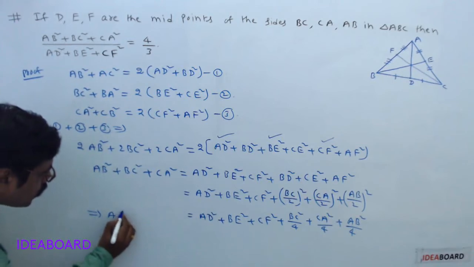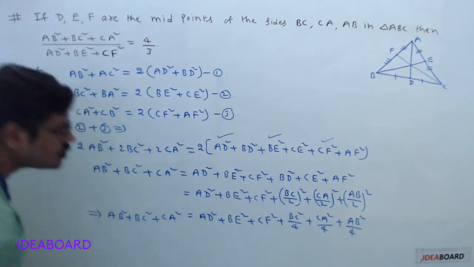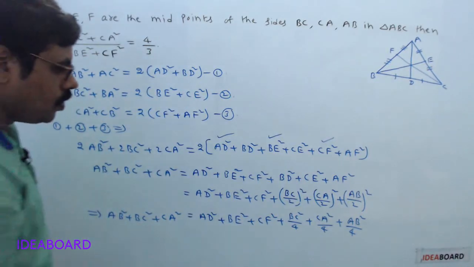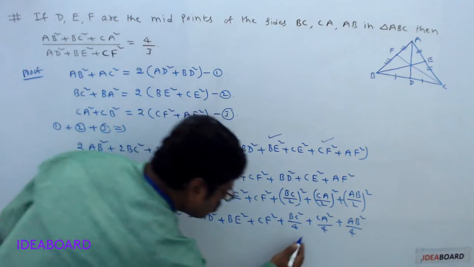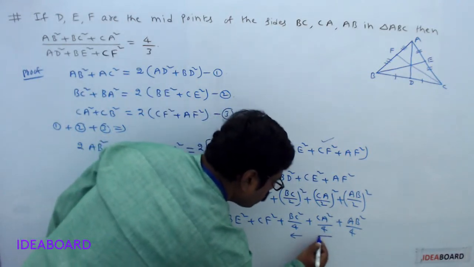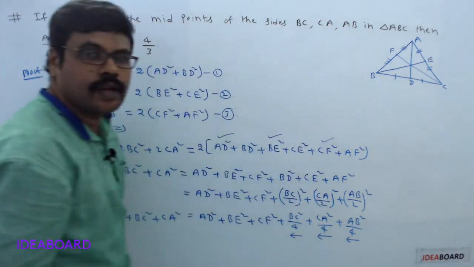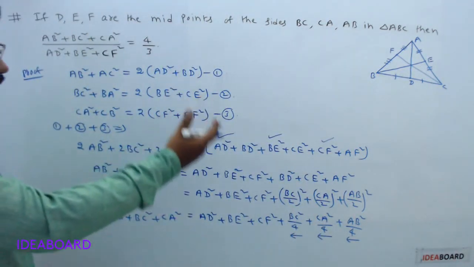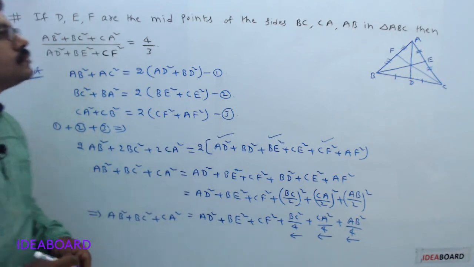This is AB square plus BC square plus CA square. Now bring these three terms from RHS to LHS. This BC square divided by 4, CA square divided by 4 and AB square divided by 4. First write down these steps, then we will discuss the continuation.